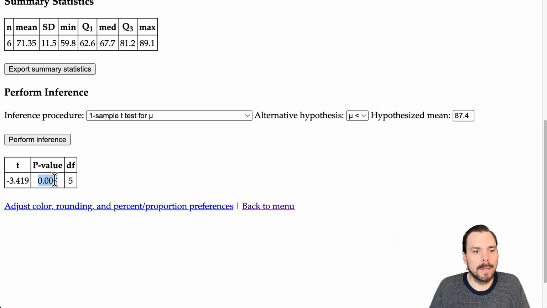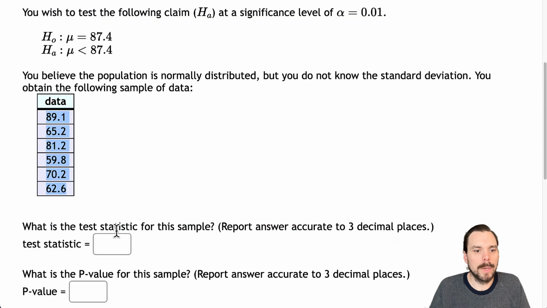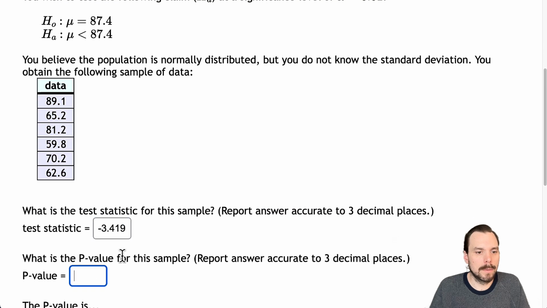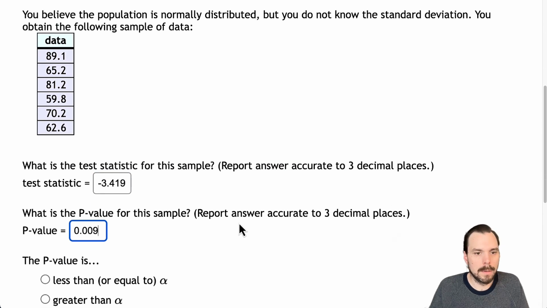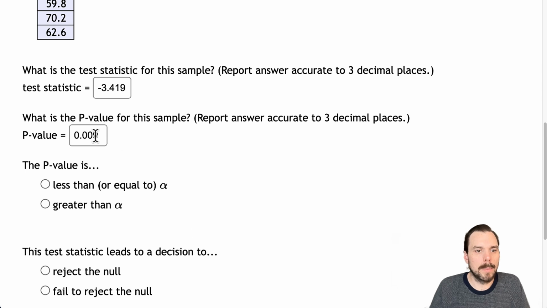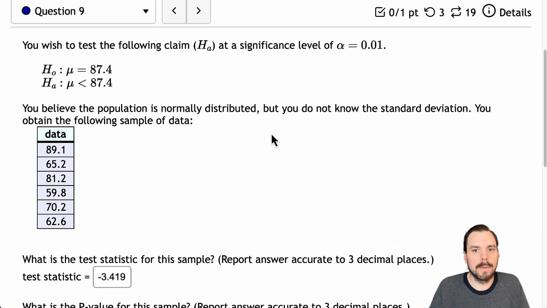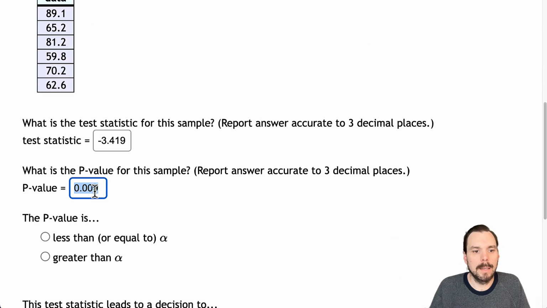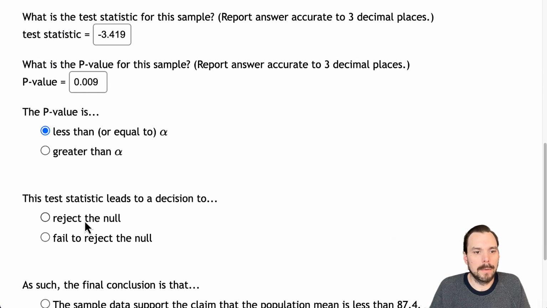I'm not sure why they did that. Back here we can enter in our answers. And we had to compare that p-value to the level of significance that's been selected up here, that's 0.01. This is slightly smaller. And that lands us in the rejection region.